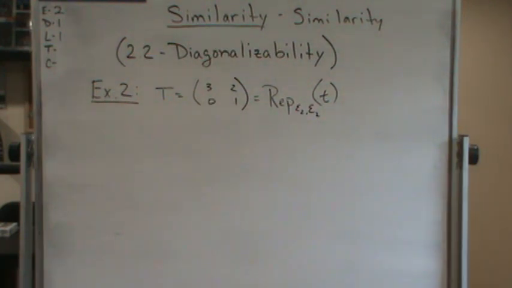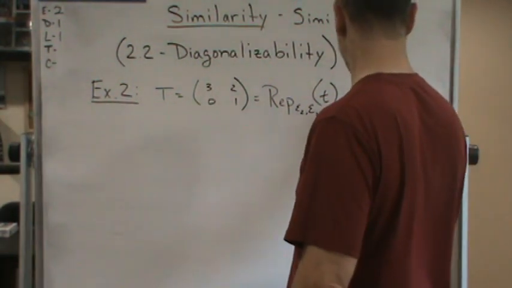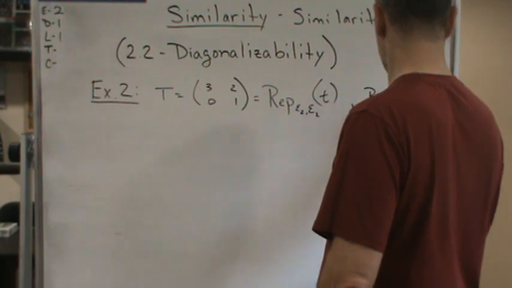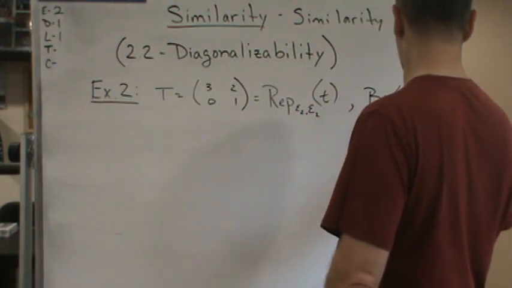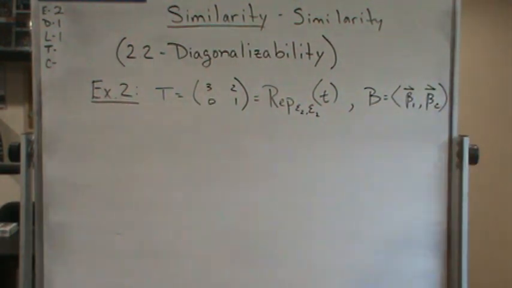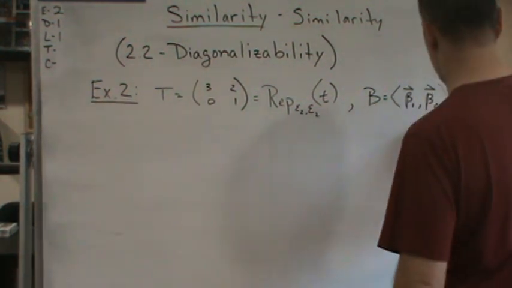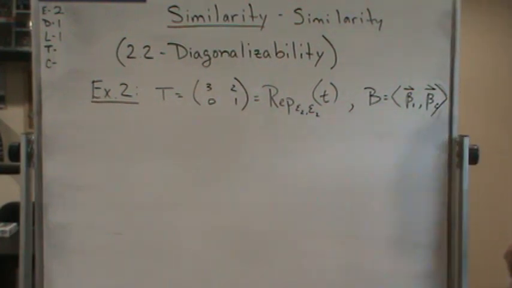And then we want to look for a basis B, right? So we want to look for a basis B, beta 1, and beta 2 in this case. Right?